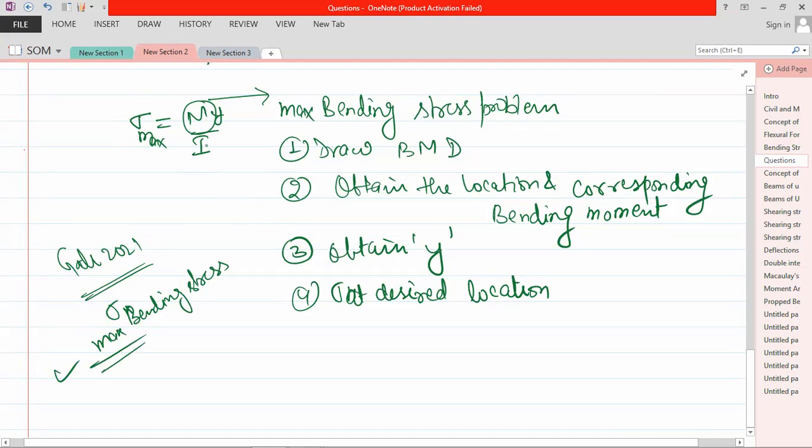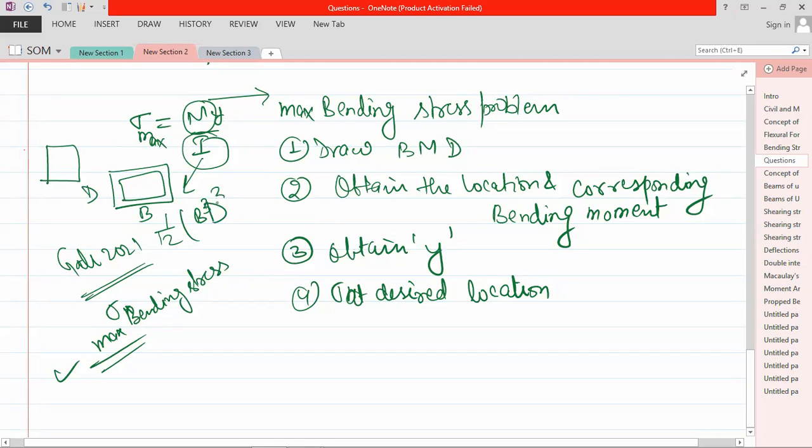Now the another thing that I can change is I. So you need to be very cautious about I. For a rectangle it is b d cube by 12. For a hollow square, you can subtract the two: capital D cube by 12 minus small d cube by 12.